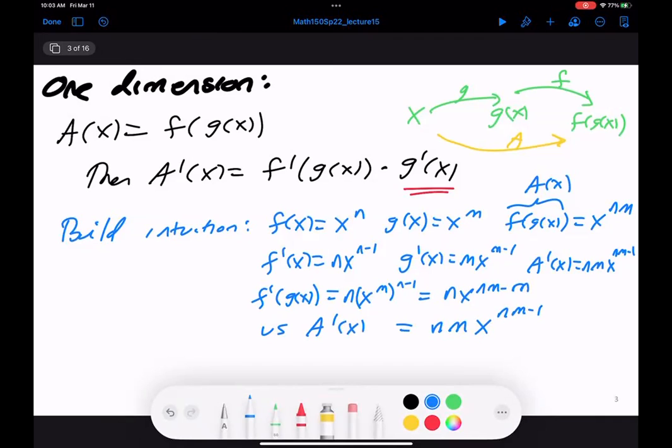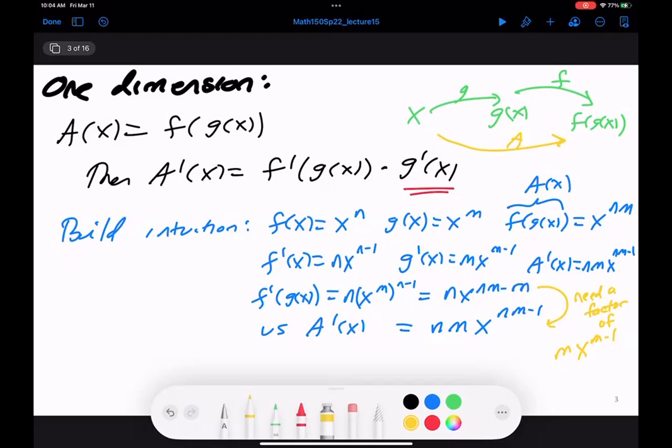So what's the difference between them? We need a factor. What factor do we need? We need a factor of m x to the m minus 1. And if we were to multiply the f prime of g of x by m x to the m minus 1, that's going to get us to a prime of x.